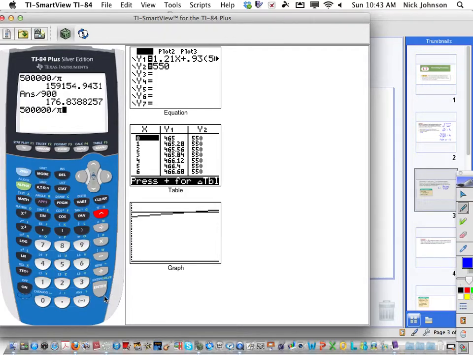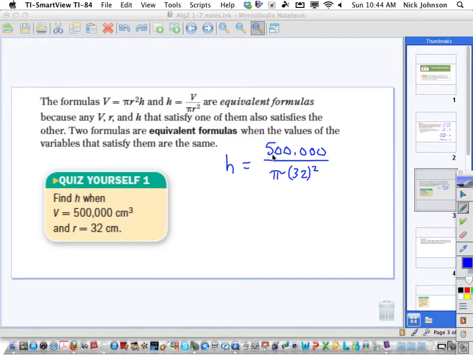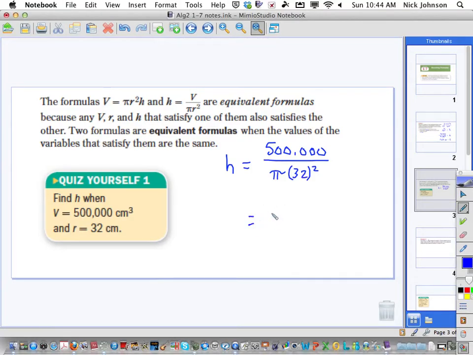Pi button's right there. And then I'm going to divide it by 32 squared. And now it's going to tell me that all I need is 155.42 centimeters for my height. Okay? Simple enough.